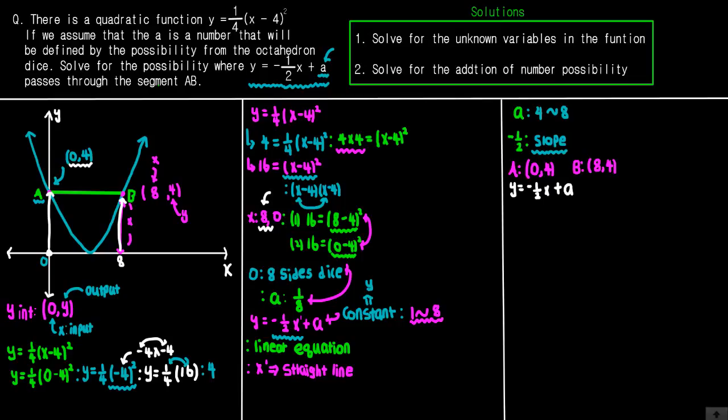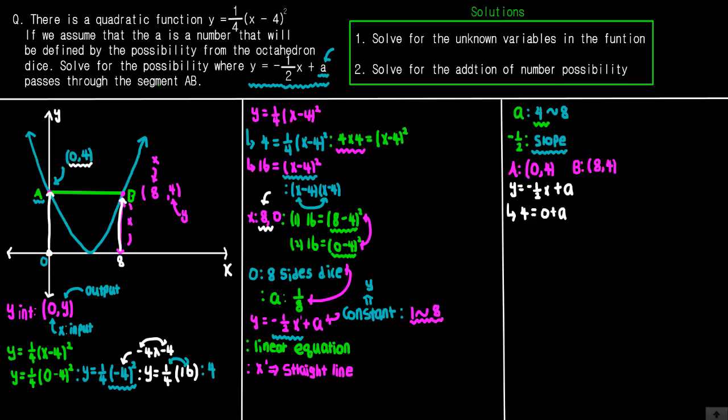If we input point A, the case where the x value is equal to 0 and the y value is equal to 4, then we get 4, which is our y value, equal to 0 plus a, where the a value should be equal to 4. So our first number possibility became the value of 4.